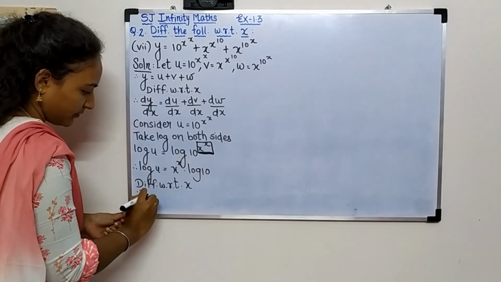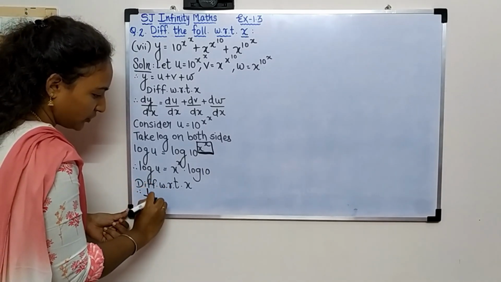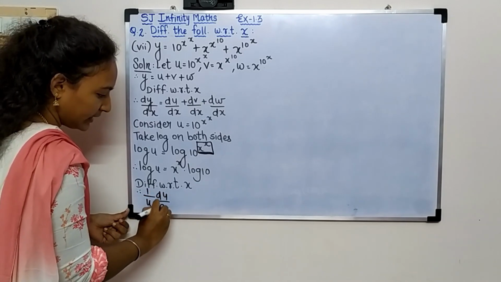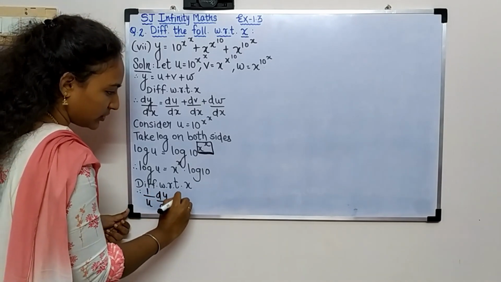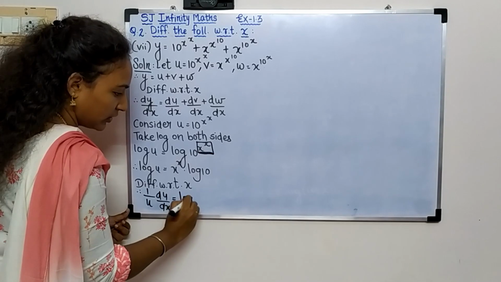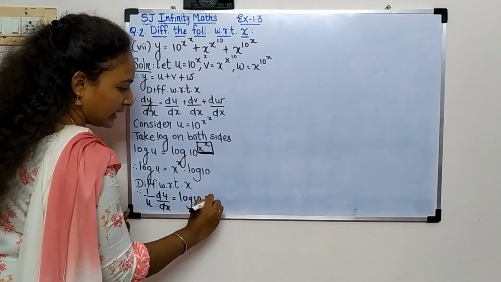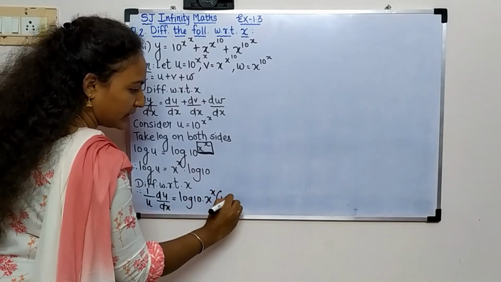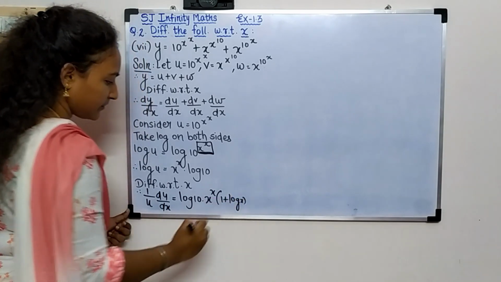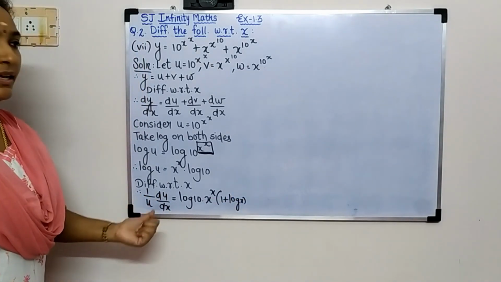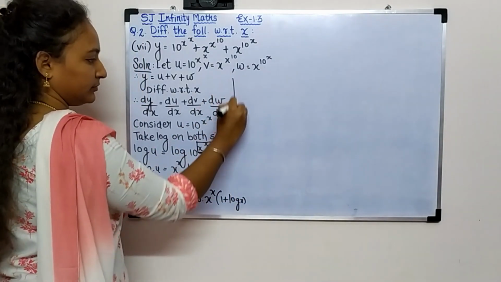Therefore, we have 1 upon u du by dx is equal to log 10 as your constant, x power x into 1 plus log x. Now let us calculate du by dx.